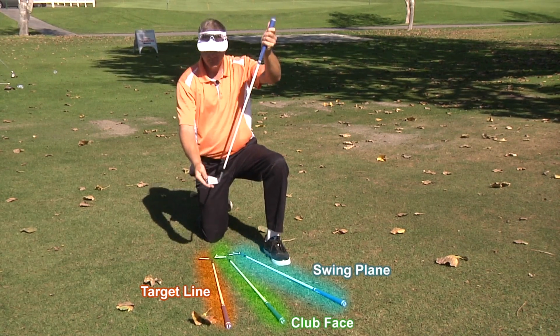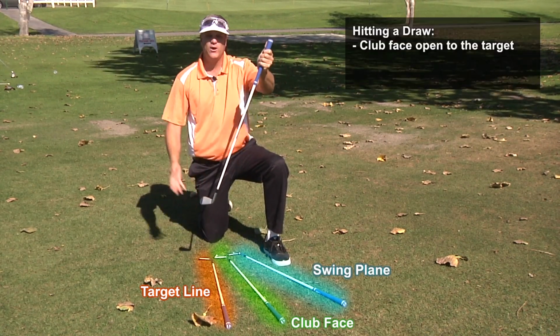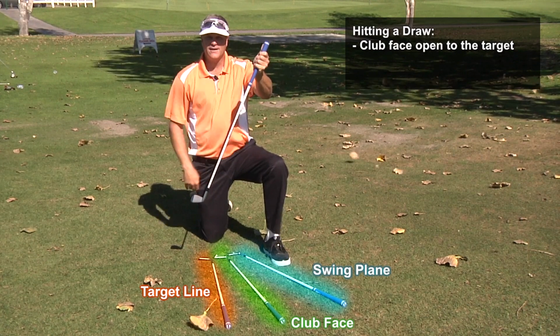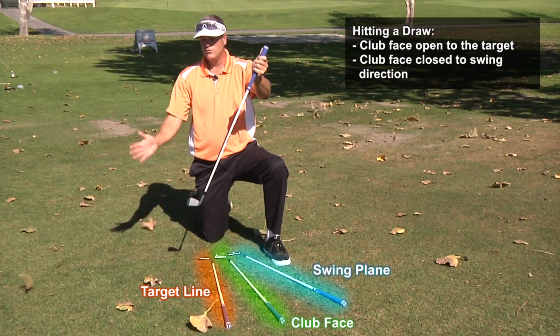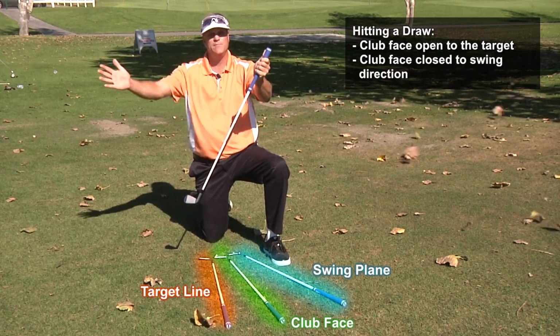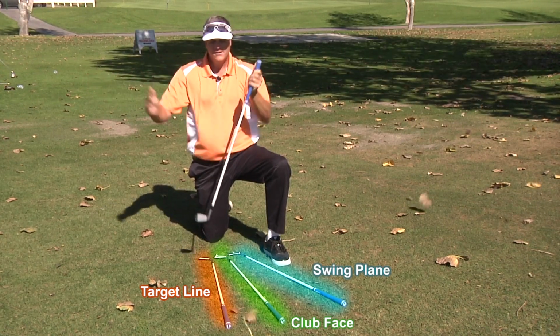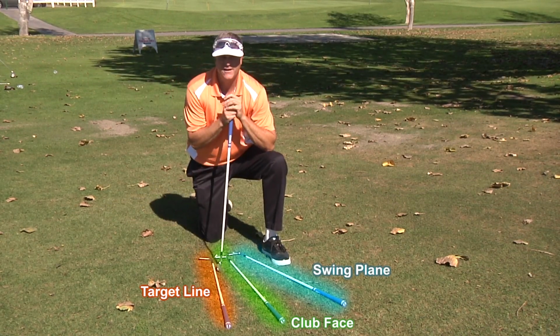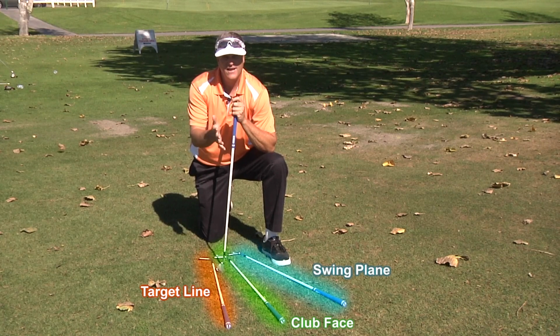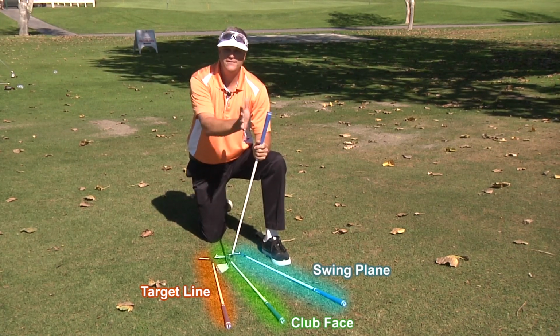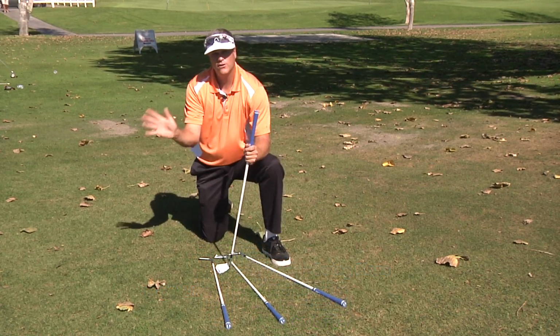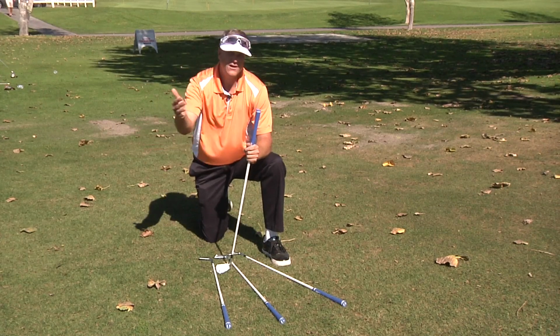To hit a draw, that club face is going to be open to the target, but it's going to be closed to my swing direction, which is going to be more to the right. So there's a real quick explanation on the club face and how it's aligned and how it is truly open on a fade and closed on a draw.